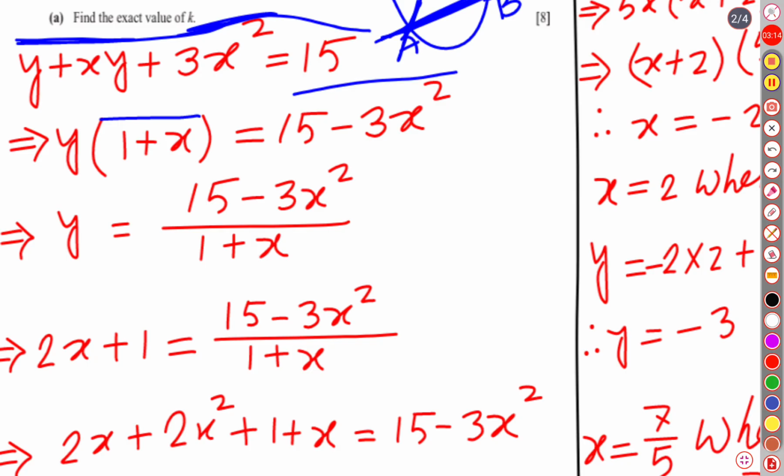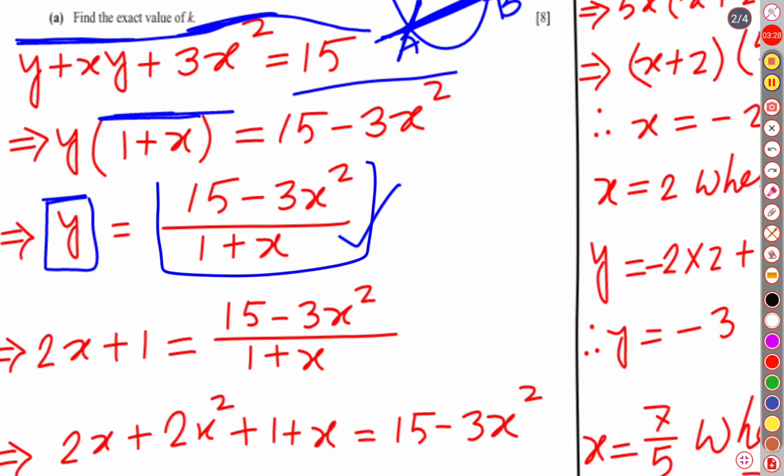So if we isolate y on the left, then this 1 plus x goes down as the denominator. Now this is our y on the left side, and on the right side is the function. On the left side there is y.